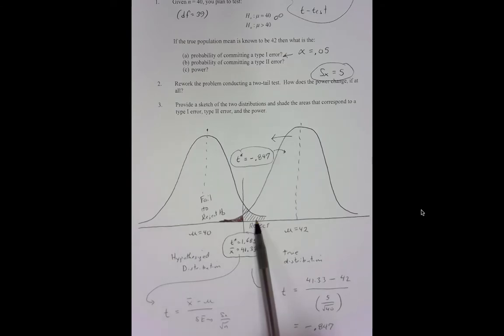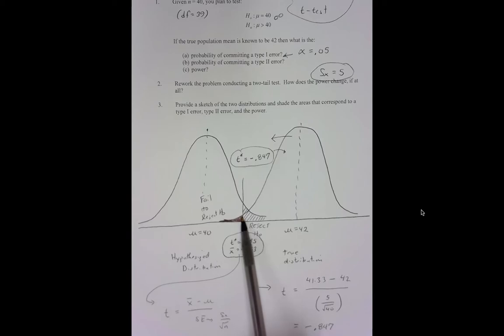But a type 2 error, by definition, is failing to reject a false null. So if we get something over here, we are going to choose fail to reject. That's going to be the decision because we're left of the decision point. But the true probability of committing a type 2 error has to be calculated from this distribution because this is the one that we are truly drawing from.